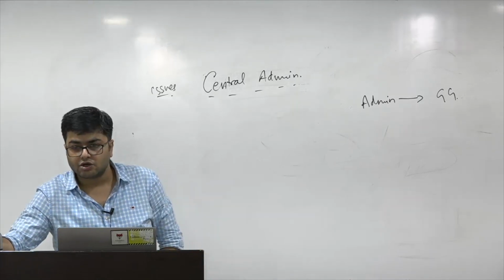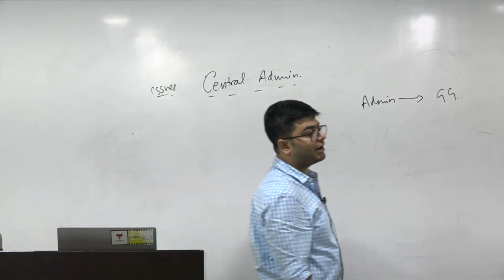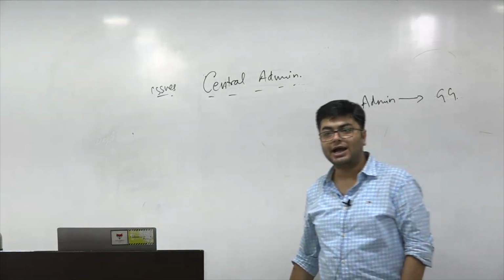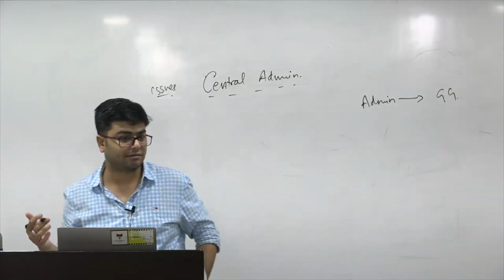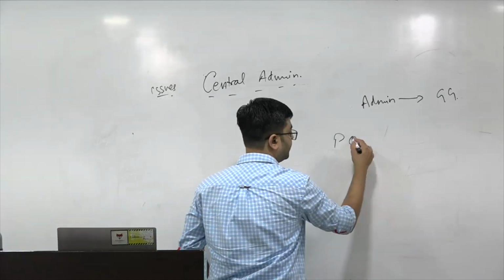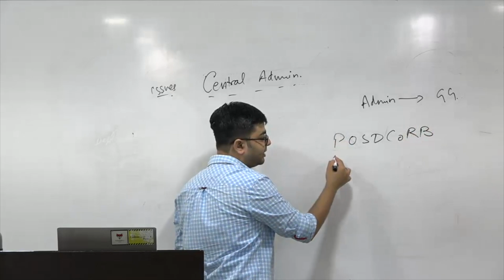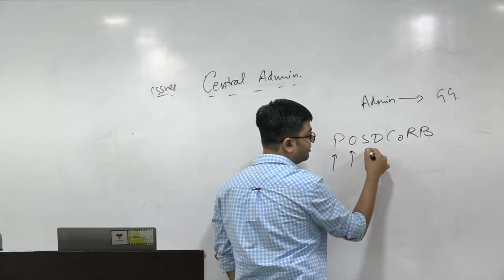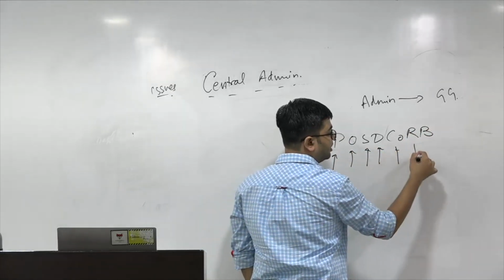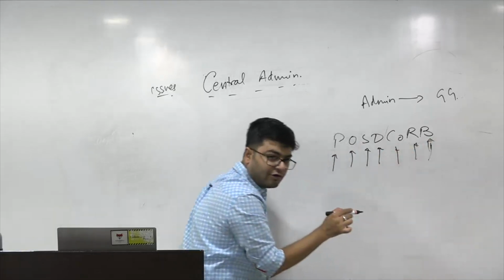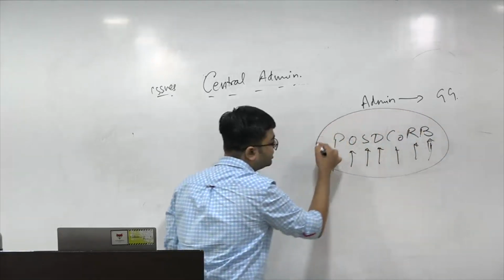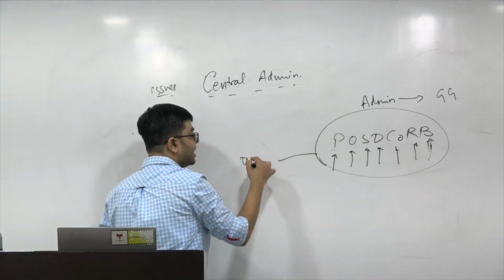Okay? So the major role of central administration is twofold: implementation and planning. You see, central administration is everywhere. But the proof of the efficacy of this system lies in the outcome.